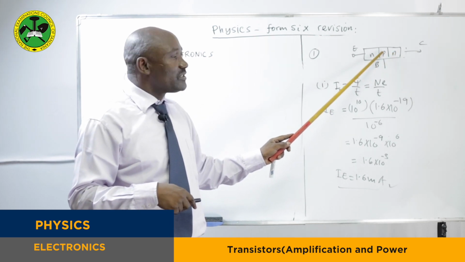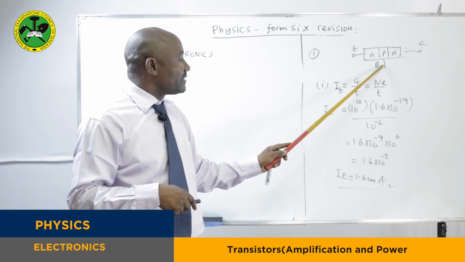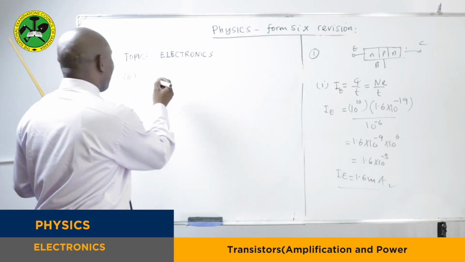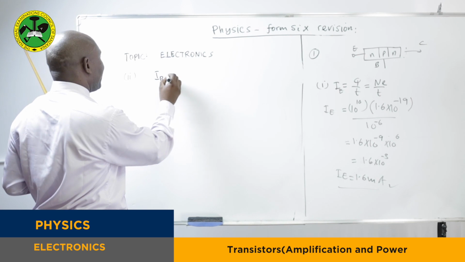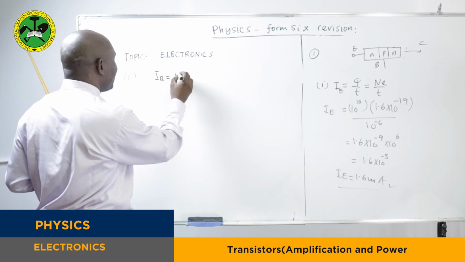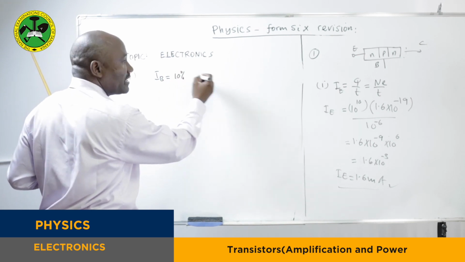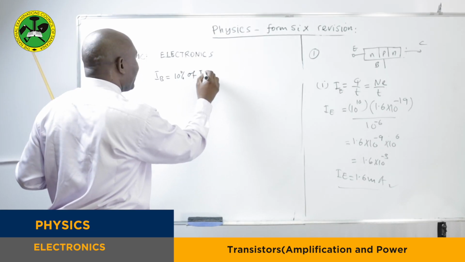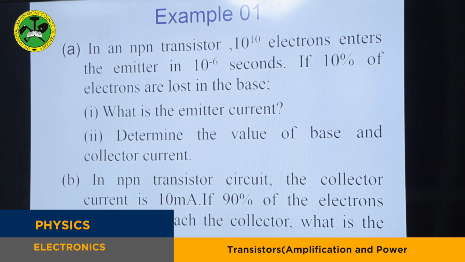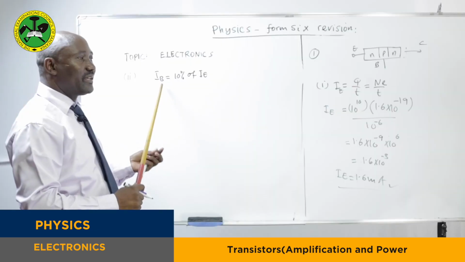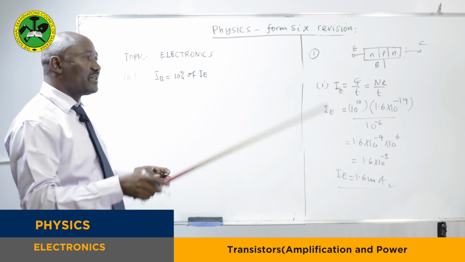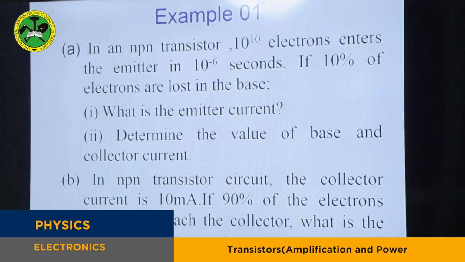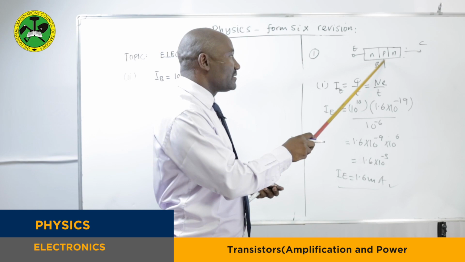So these are the ones which are lost, and these are the ones which produce the current here. So the base current is given by how? 10% of electrons emitted from the emitter, these are the ones which will be producing the base current. Why? Because these are the ones which are combined here to produce the current in the base.